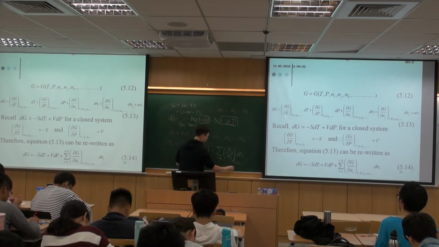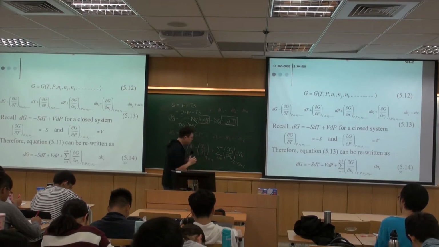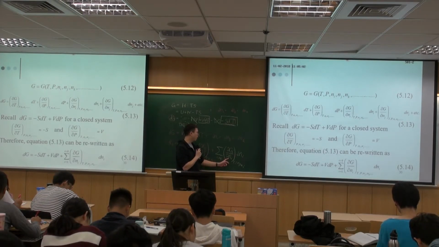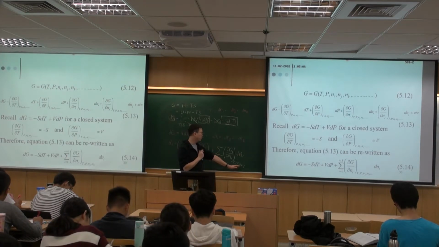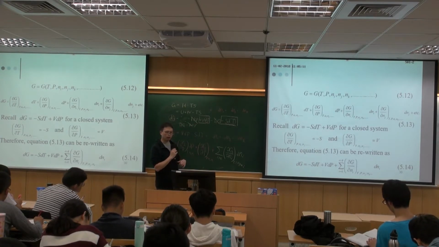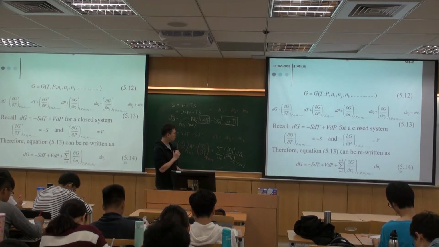Okay, for instance, when you're taking the differential against Ni, then Ni is a changing variable, but other compositions should be fixed. Okay, for instance, Nj, Nk, all the other things should be fixed.